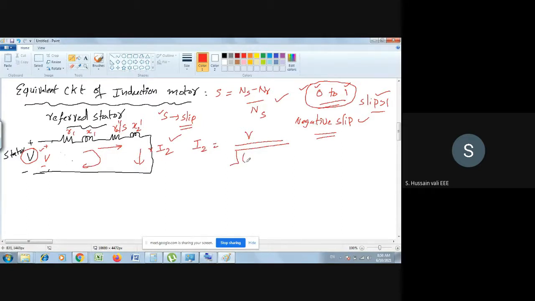So (R1 plus R2 dash by S) whole square plus (X1 plus X2 dash) whole square. So this is your I2. Okay, this you know I2.